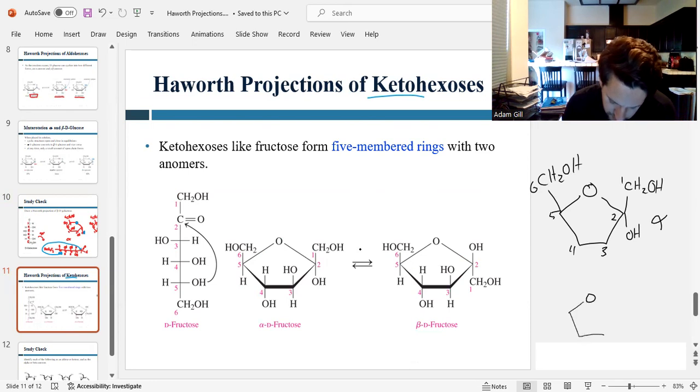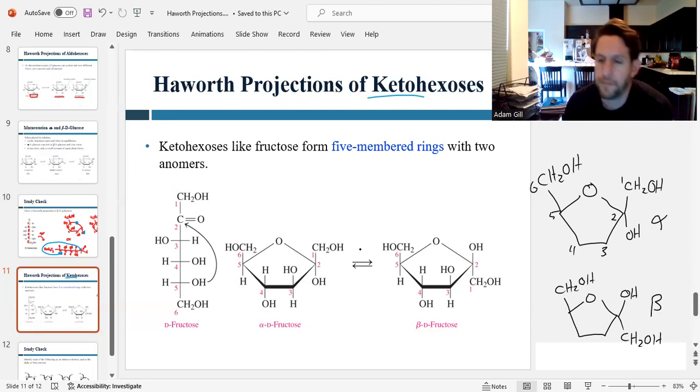And if the OH is up, this would be your beta form. So either way, you've got a CH2OH sticking off on both sides. It's always going to be up for carbon 6, but carbon 1 could be up or down, depending on whether you're alpha or beta. So ketohexoses make 5-membered rings.